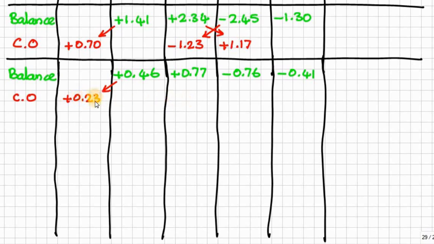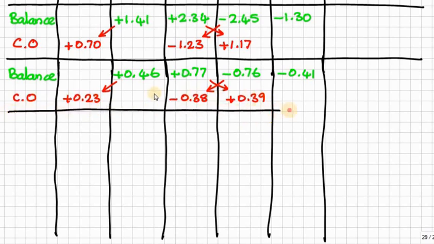Half of the moment, that is plus 0.23 here, minus 0.38 here, plus 0.39 here. Again we have to balance because of the carryover moment. The joints B and C are getting disturbed.